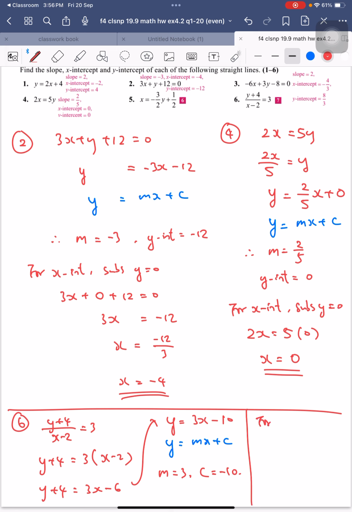For the x-intercept, what we want is to substitute y = 0 into the original formula, or whatever formula. This formula is okay as well, because they're the same formula. So now we have 0 = 3x - 10, so that 10 is equal to 3x. Then we have x = 10/3.